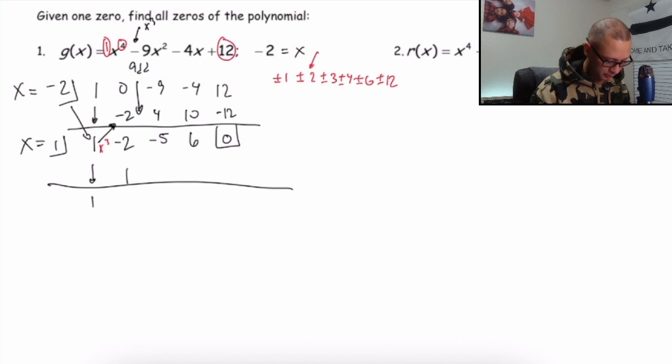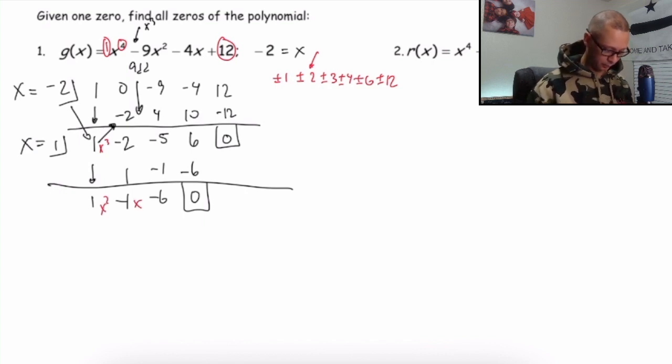So 1 times 1 is 1. Negative 1 times 1, negative 6, 6, negative, and 0. Again, that was expected. So again, x squared and x. So we can factor, well, maybe, x squared minus x minus 6.